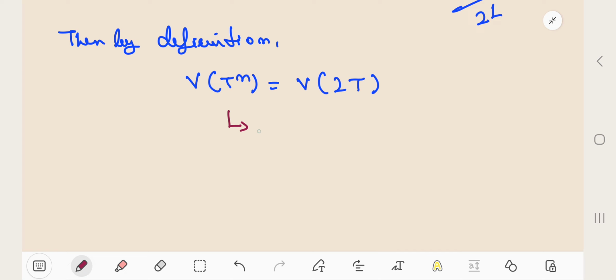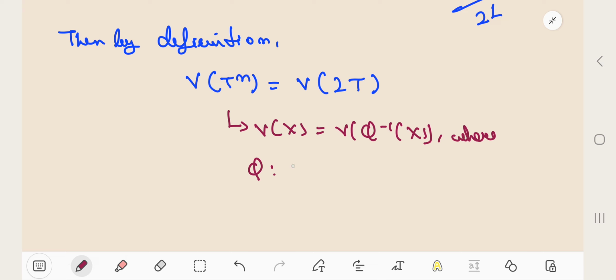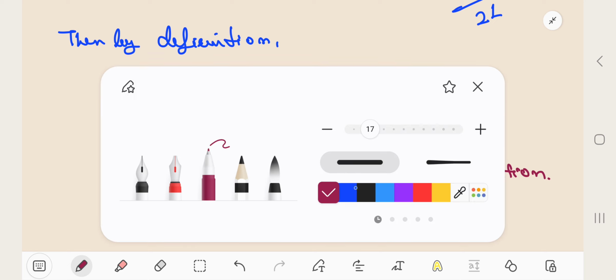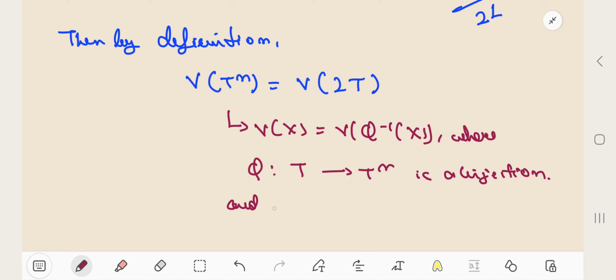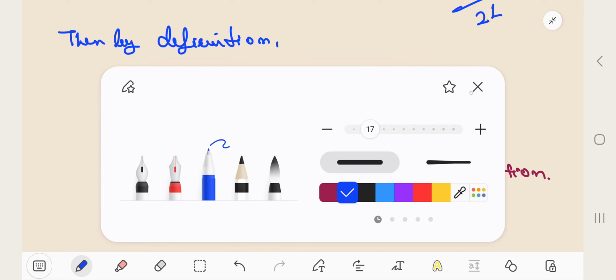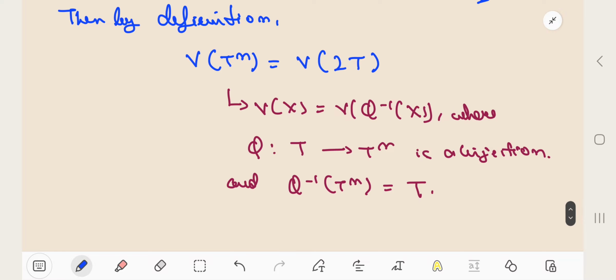Because if you recall, we used to define the volume of x to be the volume of the inverse image of x, where phi from the fundamental domain to T to the power n is a bijection, right? Okay, so let me further add that phi inverse of T to the power n is the whole of T, and in this case it's 2T, because we have doubled the lattice and we are dealing with double the fundamental domain.